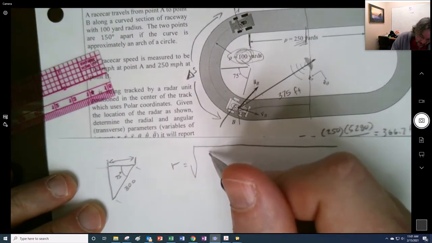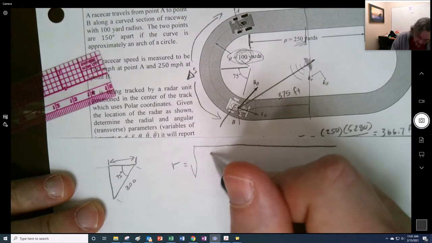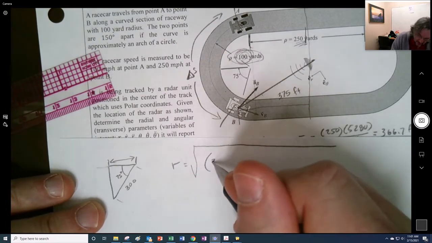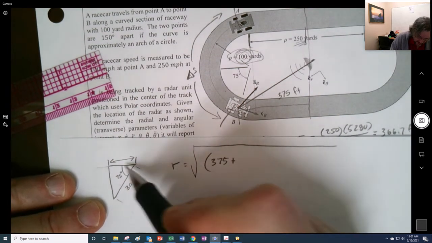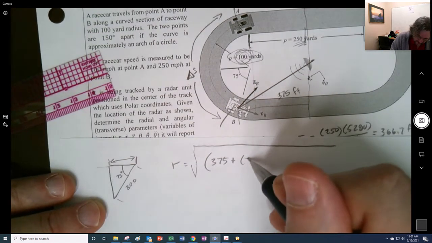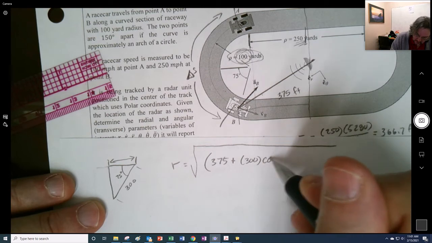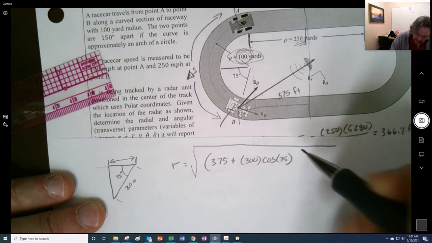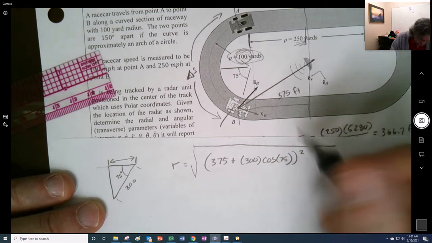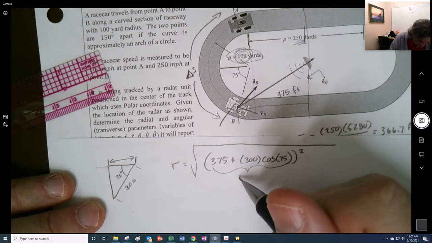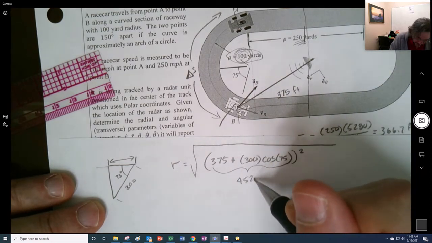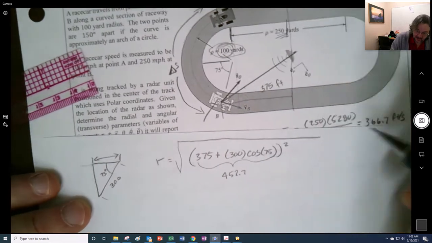And this angle right here is 75 degrees, right? So for the x direction, we have 375 plus 300 times the cosine of our 75 degrees. And that's what I wrote down. Before we square this, we're going to need this in a second: we have 452.7 inside the square root.